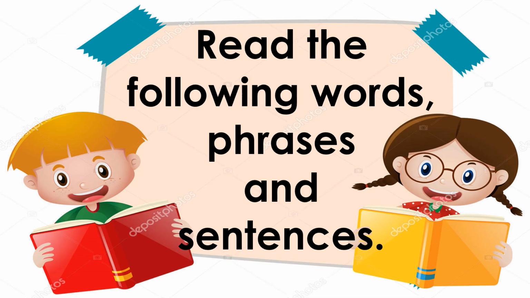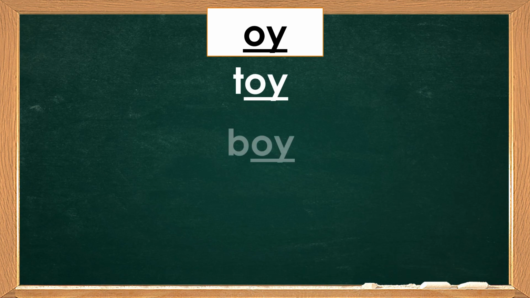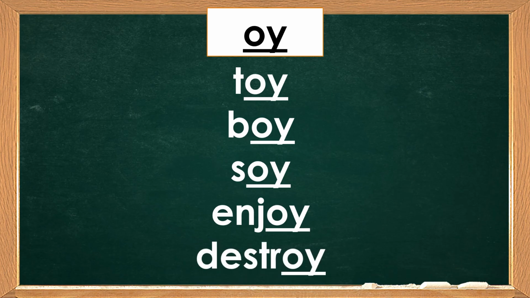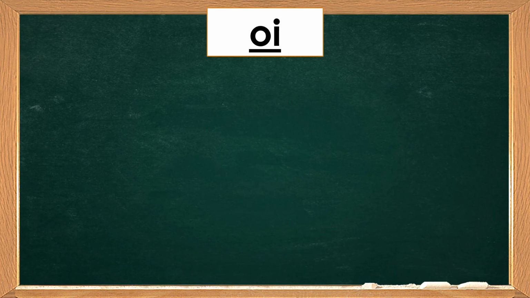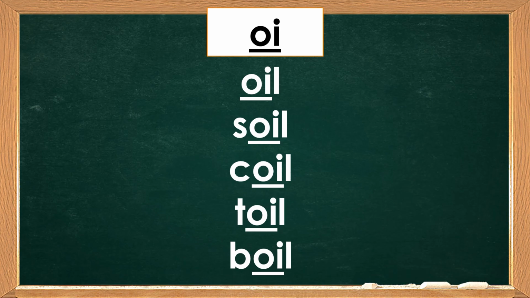This time, let's read the following words, phrases, and sentences. OY, which sounded as OI: toy, boy, soy, enjoy, destroy. OI, which sounded as OI: oil, soil, coil, toil, boil.